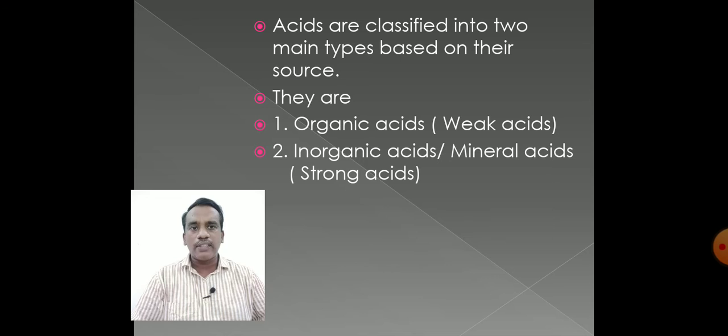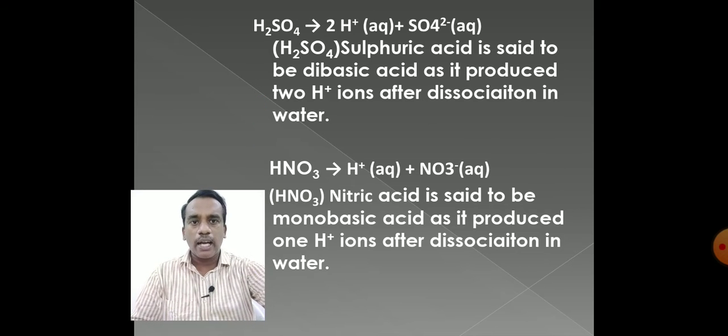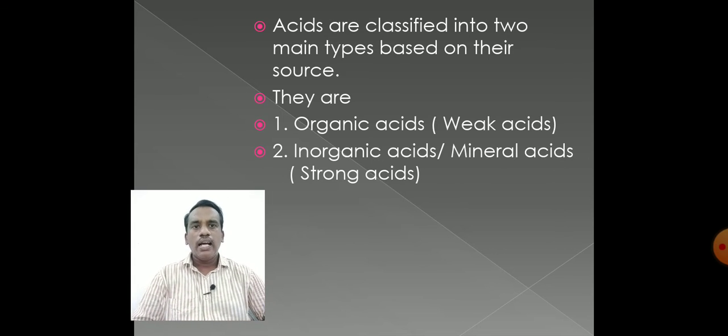Those acids that we have in our lab, like hydrochloric acid or sulfuric acid or nitric acid, had you observed that they had any carbon constituent in them? No, we hadn't seen any carbon constituent in the sulfuric acid or nitric acid. These are called inorganic acids, meaning they do not contain carbon constituent in them, or they are also called mineral acids.